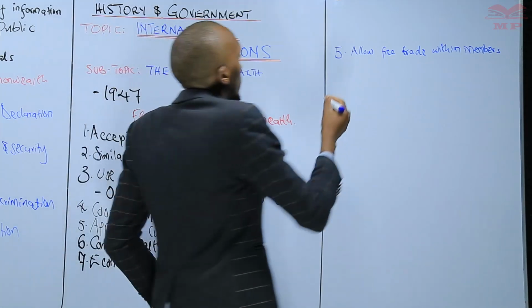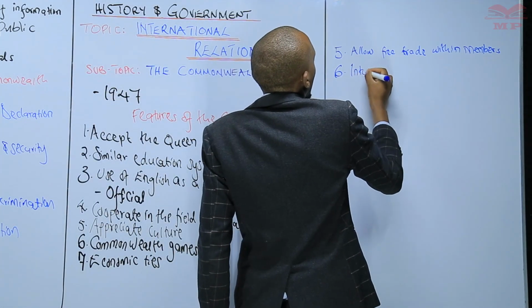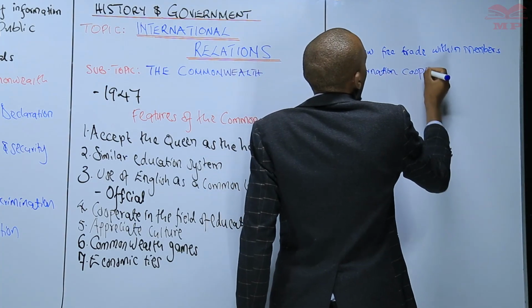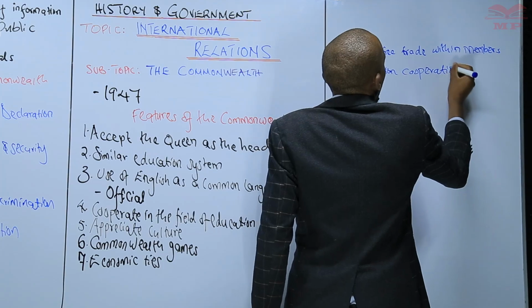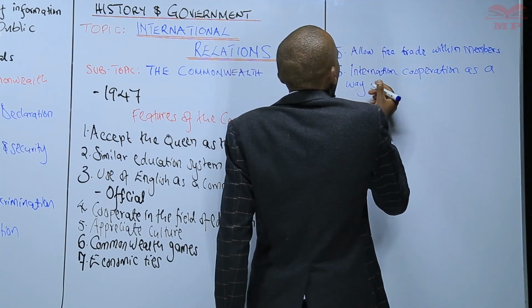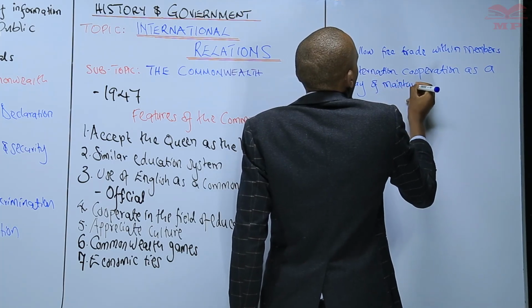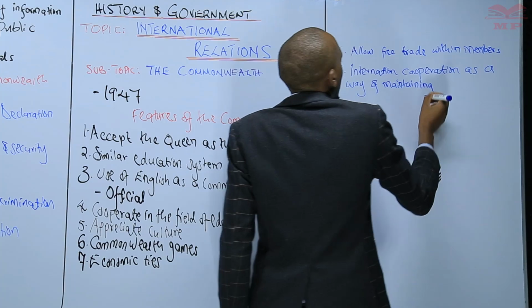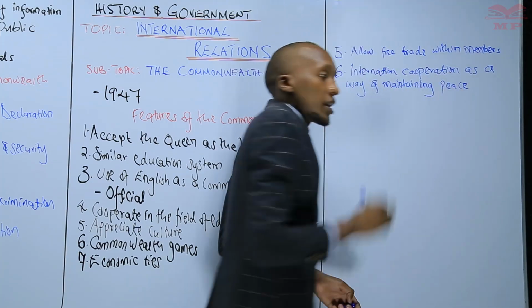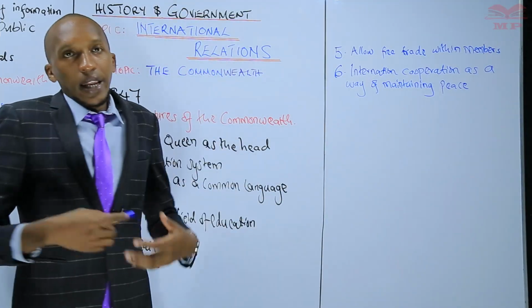And then lastly, there was supposed to be international cooperation as a way of maintaining peace. That meant that the members of the Commonwealth were supposed to work with one another.